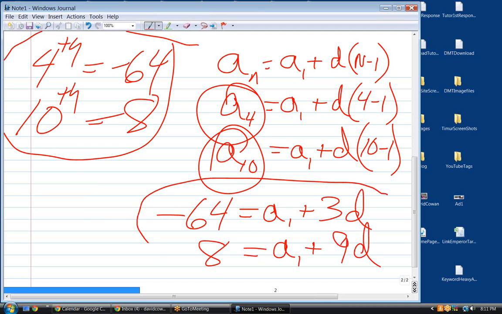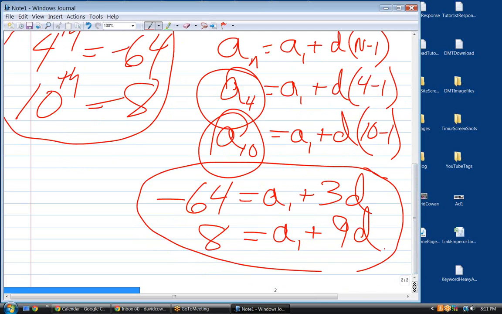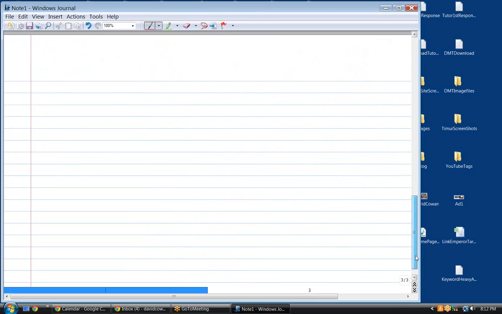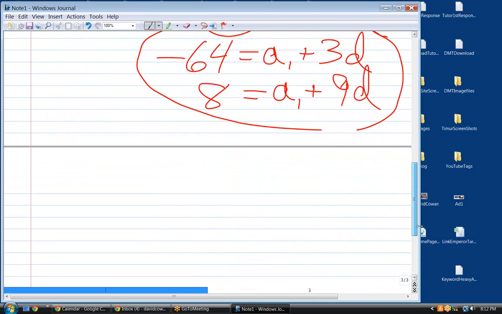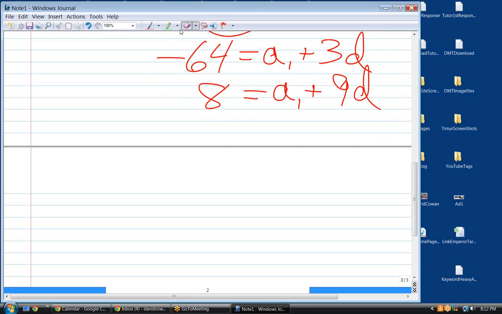Now we have two equations and two unknowns. Let's solve those. What's the best way to solve these two equations? Let's call this equation 2. Let's call this equation 1.